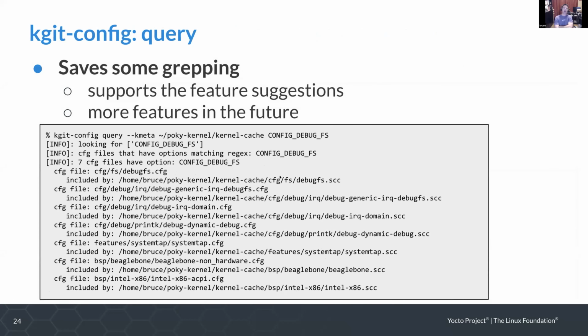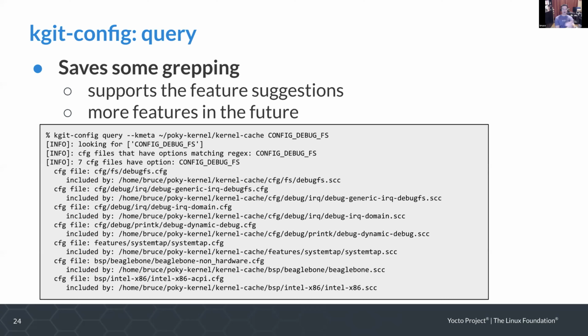And the final thing I made it do, while working through writing that audit of the existing options and what you could and couldn't add, I wrote a little bit of a tool that is a light wrapper around just grepping through the kernel cache, which is of course what I do most of the time. So say you wanted to find out what provides config debugfs, then you could query the kernel cache on your disk, and it would tell you that 7 config files do reference it.